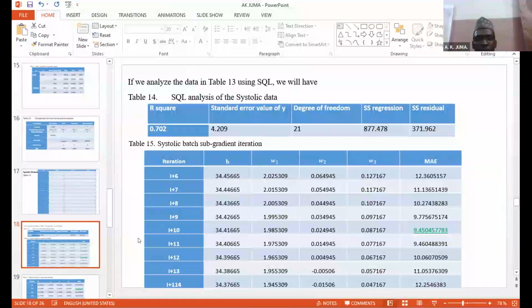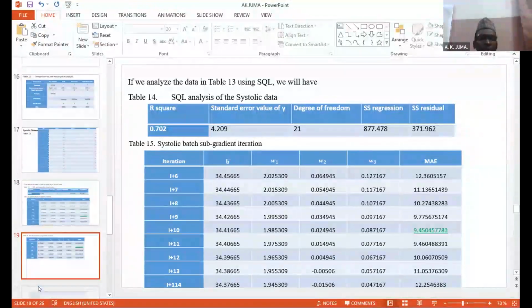If you observe, under row I plus 10, we have the least loss value, MAE value, 9.4. From there, you observe at I plus 11, MAE started increasing, telling us using the batch method, this is the highest convergence that it goes. And at row I plus 10, you have your B, W1, W2 and W3, your coefficients.